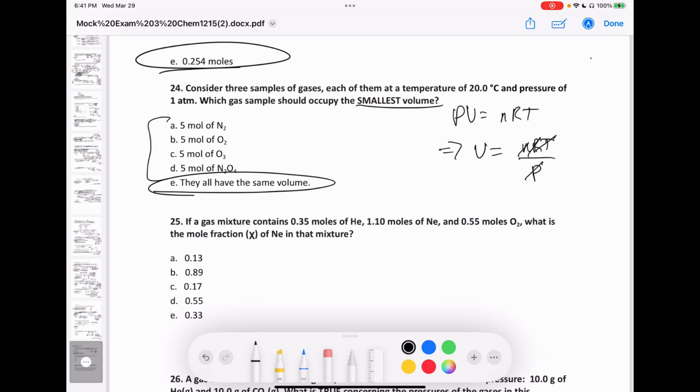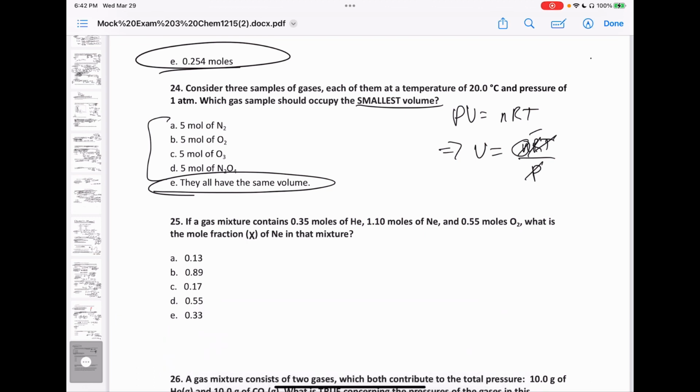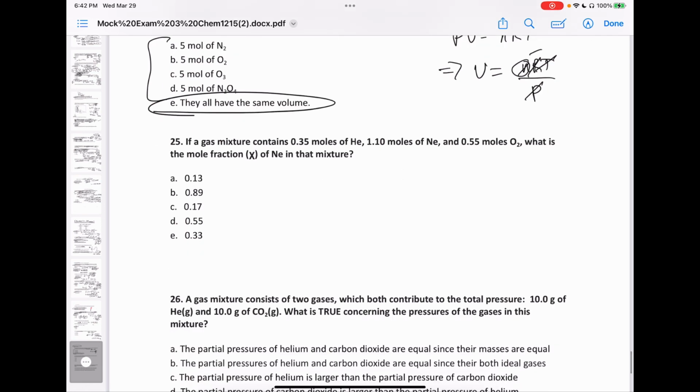I'm not really canceling these out, but I'm just trying to show you that they don't really mean anything. And even this moles thing, it's not saying moles of a heavy gas or moles of a light gas. It's just moles of any gas, so it doesn't affect anything. So they'll all have the same volume. Pretty easy conceptual question. If you just have those assumptions down, that should be a couple questions maybe on the test that are just pretty easy.